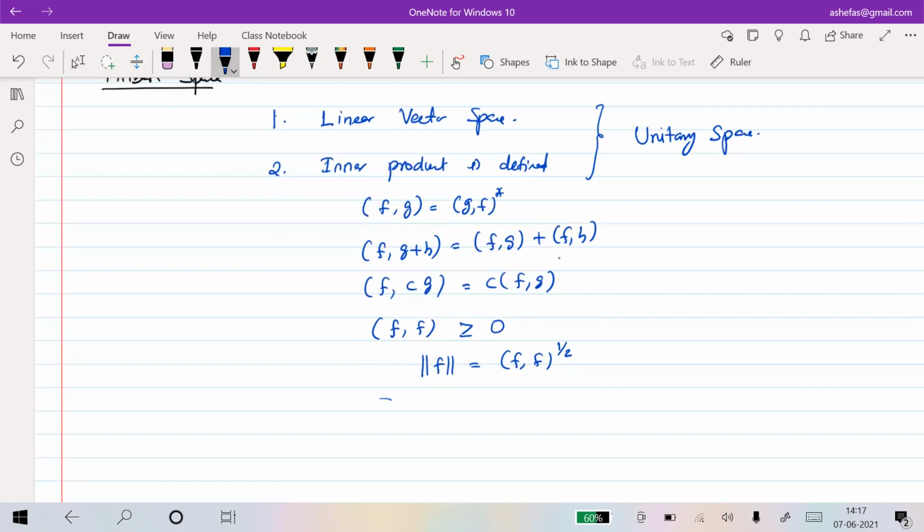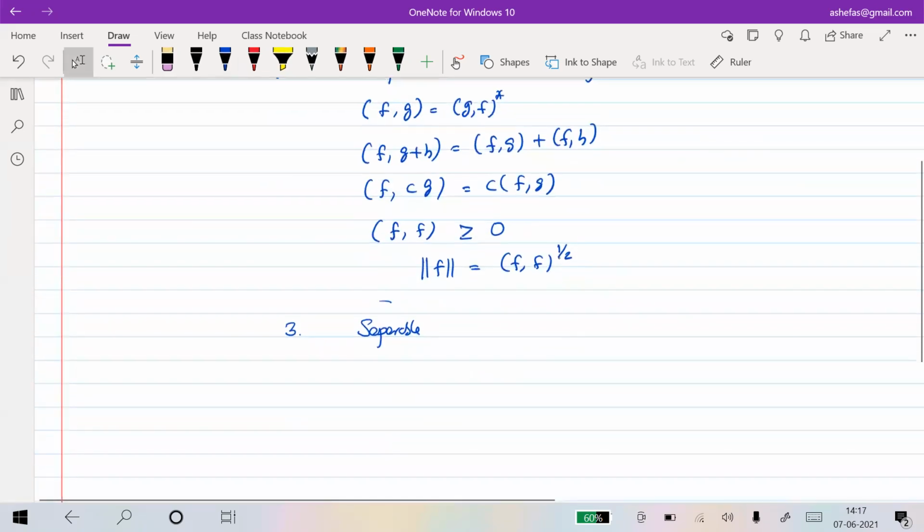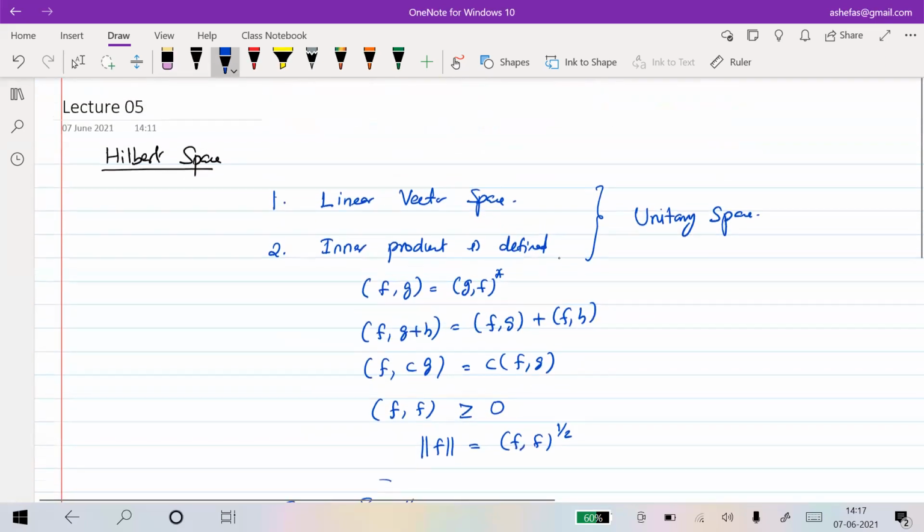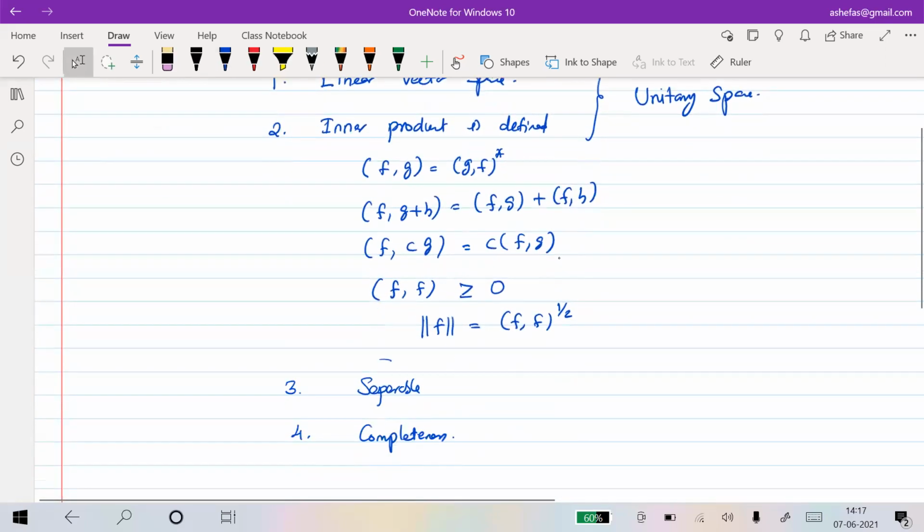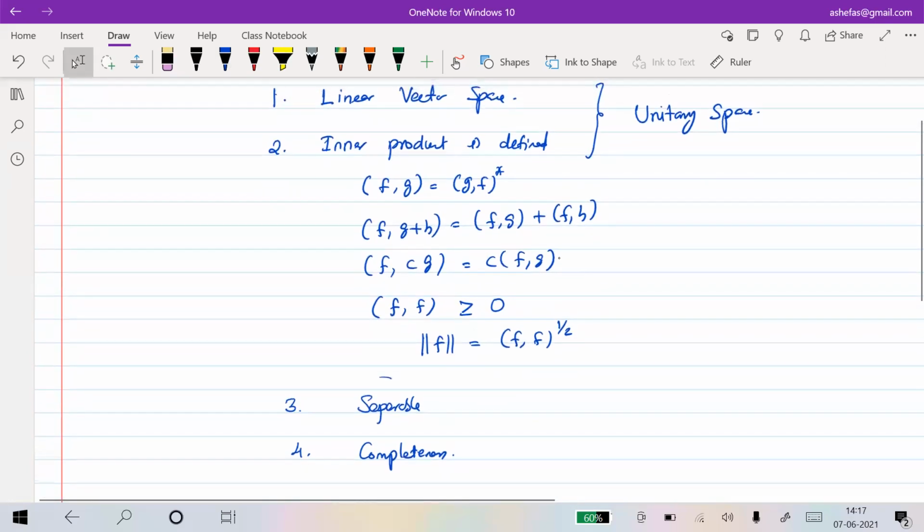So these are the two conditions, and the third condition is that the vector space must be separable. We discussed separability in the last class, and the last condition is completeness. So if a linear vector space satisfies all these conditions, then we can call that vector space a Hilbert space.